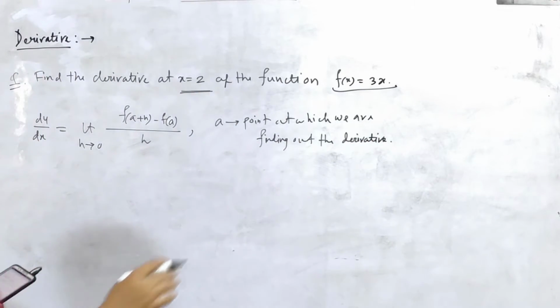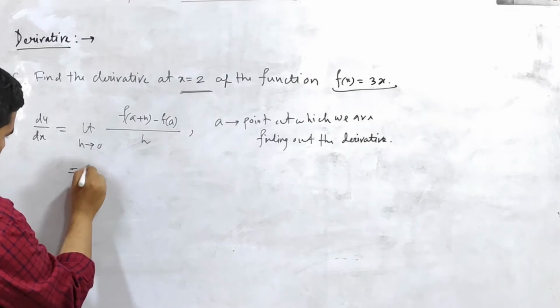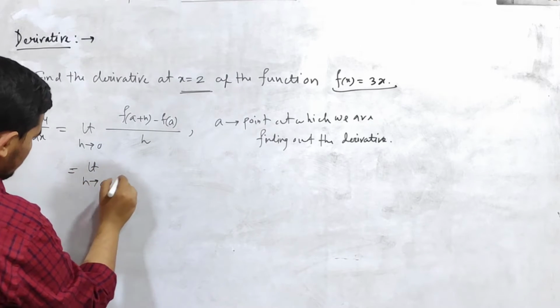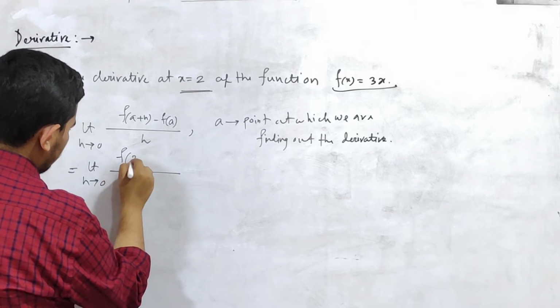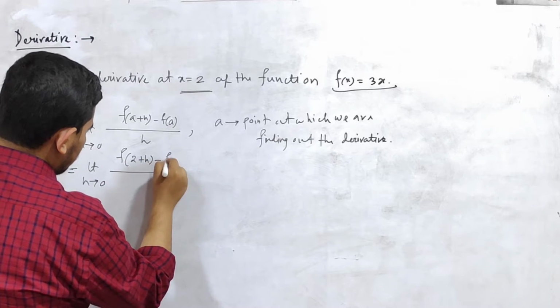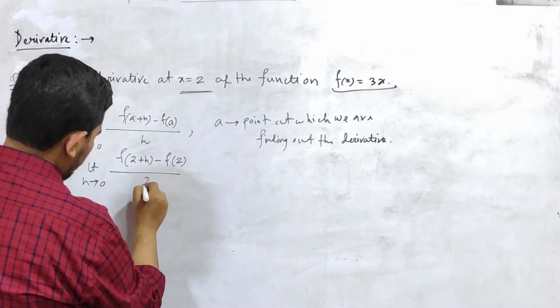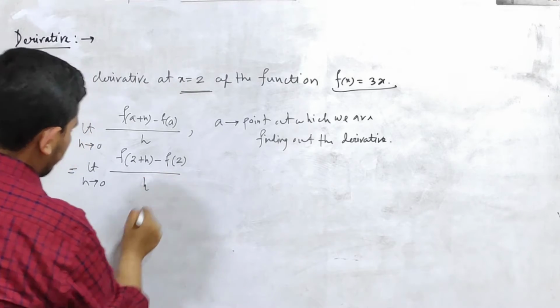In this example, x equal to 2 is the point, so I can write it as limit h tends to 0, f of 2 plus h minus f of 2 divided by h.